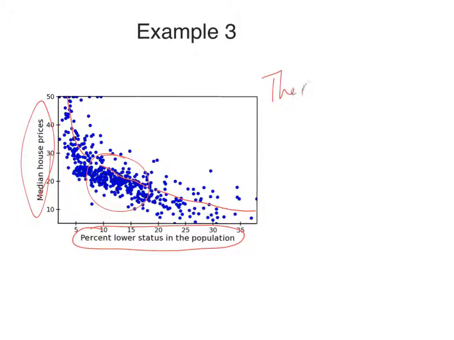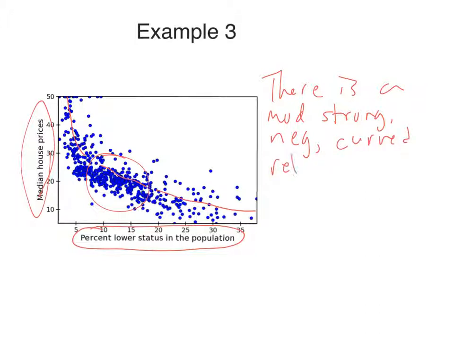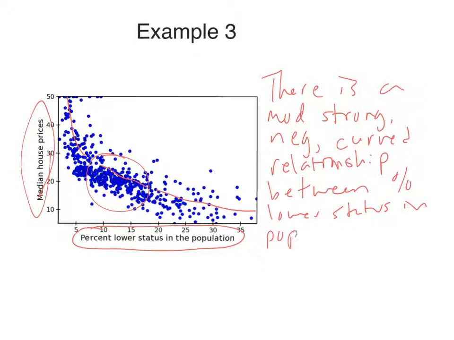There is a moderately strong, comma, negative, curved relationship between, here's where I add context, percent lower status in population and median house prices.